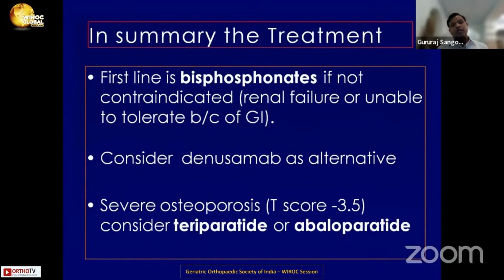In summary, first-line bisphosphonate is contraindicated if there is renal failure or if the patient is unable to tolerate it due to GI problems. Consider denosumab as an alternative if bisphosphonate is contraindicated. If severe osteoporosis, with or without fragility fracture, teriparatide is the drug of choice. Thank you.